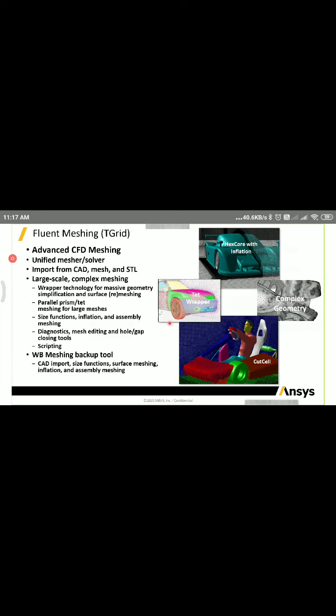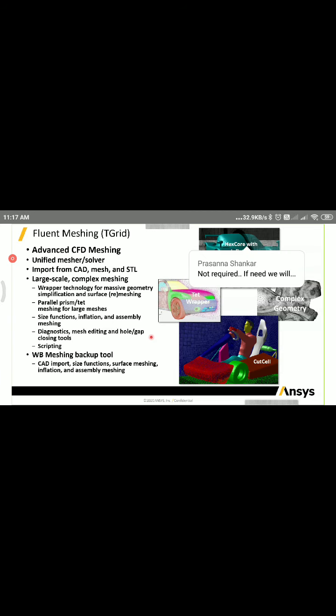Then the Fluent mesher, in more depth. This is a very advanced CFD meshing tool where a lot of different algorithms are available to handle complex geometry and to handle millions or billions of cells. So you can generate a mesh for very large or complex or even dirty CAD. There are separate workflows defined in the Fluent mesher, so beginners can also easily go through this.